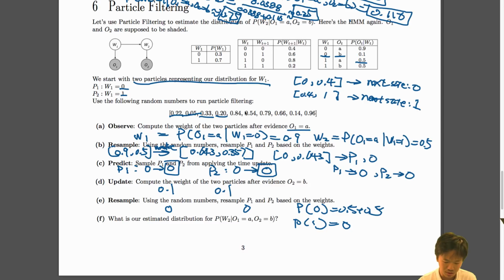So regardless, we're still going to use up 2 random numbers from the list, but it's always good to keep track of that.